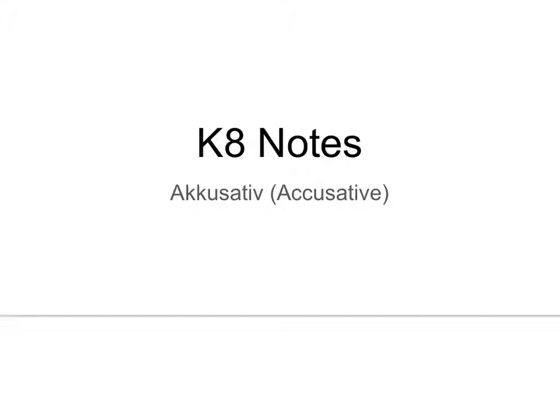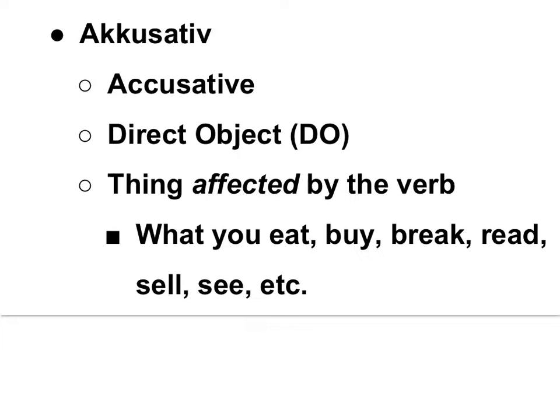Okay. So, today we're going to be talking about akkusativ. In English, that's accusative. Okay, so it's only a couple letters different. So again, it's called the accusative. What it is is the direct object in a sentence. If you don't know what a direct object is, that is the thing that's affected by the verb. Okay?